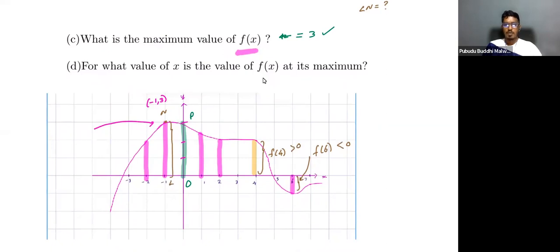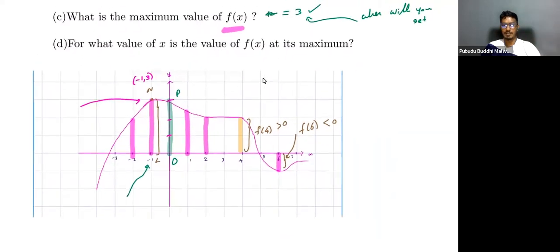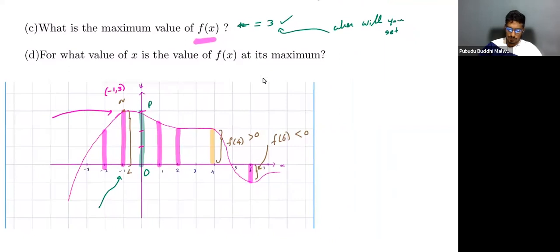Then, for what value of x is the value of f of x at its maximum? Basically, when will you get this height? That's the question. What do you think? You will get this height for one particular x value, that is -1, because for that value the height equals +3. So x equals -1 for that value.